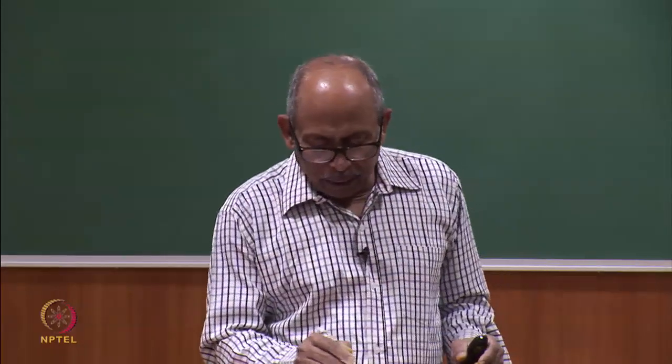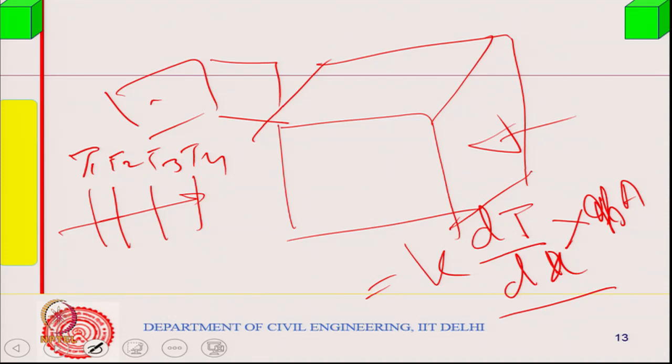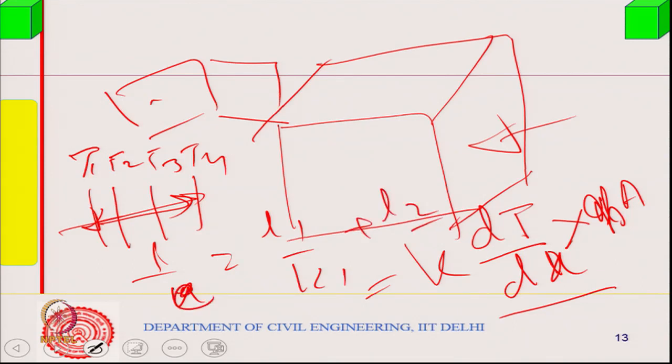So, under this condition you can define the equivalent conductance of all the layers, and the formula is 1 by U is equal to L1 by K1 plus L2 by K2, where L1, L2, etc. are the thicknesses and K1 is the thermal conductivity.